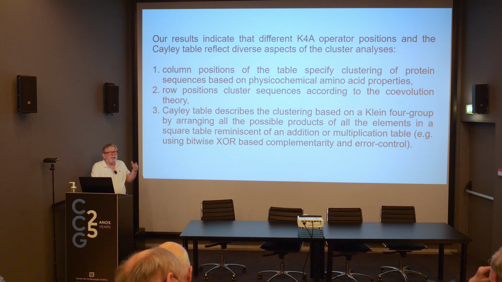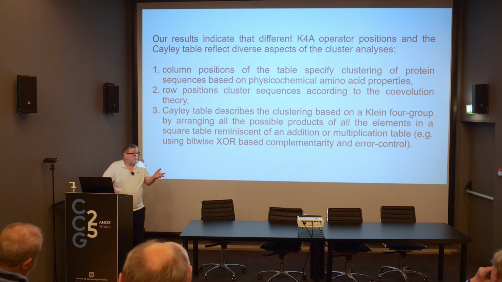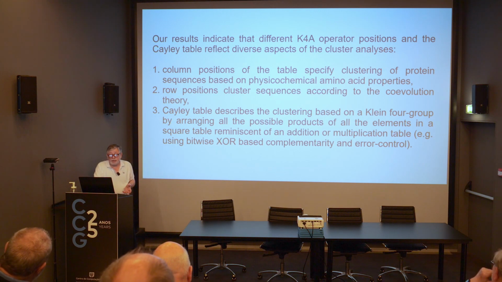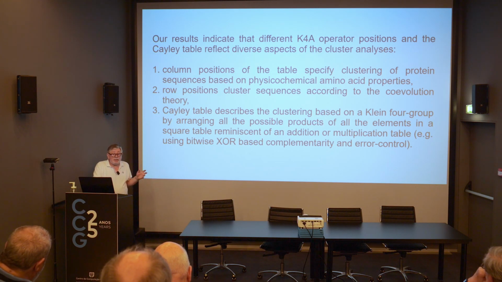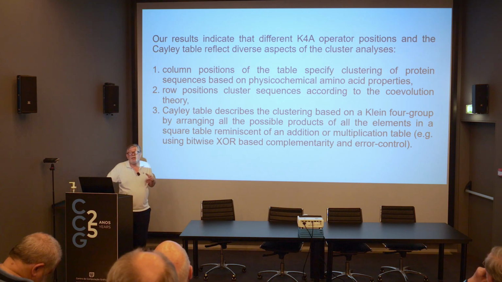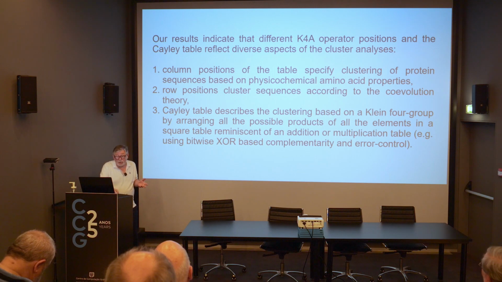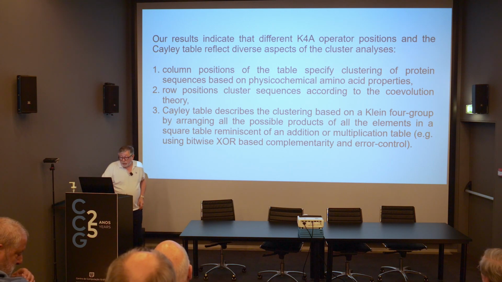Column positions are mainly linked to the physicochemical parameters, while row positions, as I said, have some reflection of coevolution theory. The clustering based on Klein 4 groups is also successful, as with hydrogen bonds.